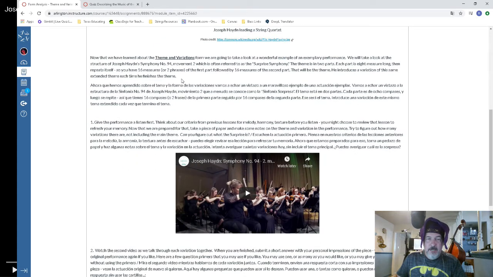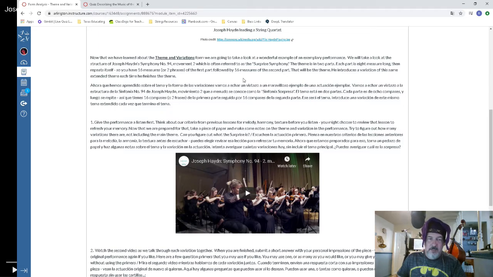Now that we've learned about theme and variations form, we're going to take a look at a wonderful example of an exemplary performance. We will take a look at the structure of Joseph Haydn's Symphony No. 94, Movement 2, which is often referred to as the Surprise Symphony. The theme is in two parts. Each part is 8 measures long and then repeats itself.